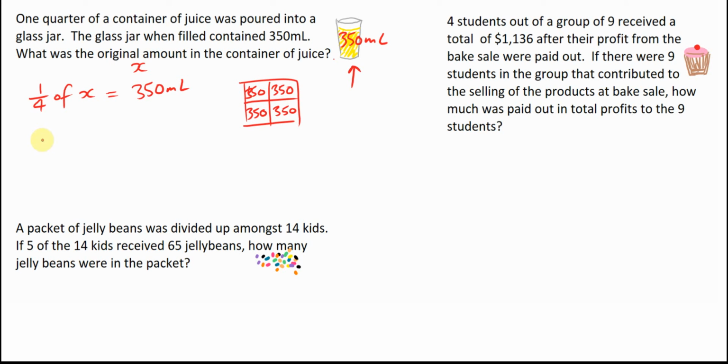So my total amount, X, would be the same as 350 times 4. Okay, so if we just quickly work that out, we've got 1,400. So X is 1400 mils.